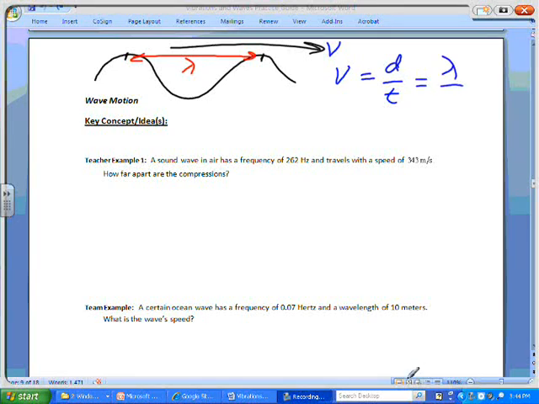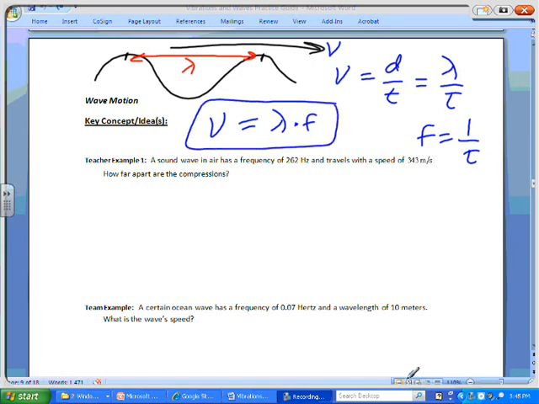And the amount of time that it takes to go one cycle is just the period. So the key concept here is that the speed for a wave is going to be the wavelength times, well, 1 over period is frequency. So we can say frequency times wavelength gives us our wave speed. That's our key concept moving forward.